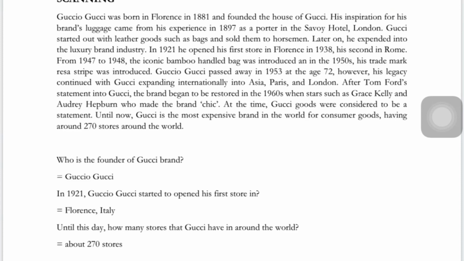So we just look for the number that amounts to the Gucci stores around the world. The answer is in the last sentence: until now, Gucci is the most expensive brand in the world for consumer goods, having around 270 stores around the world.